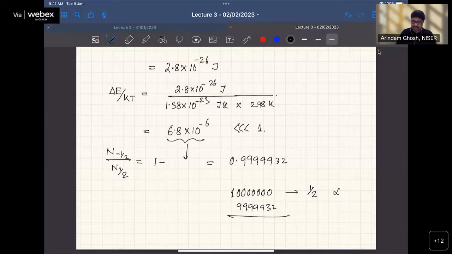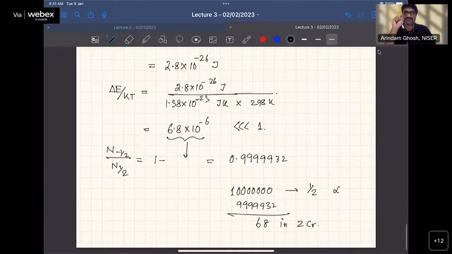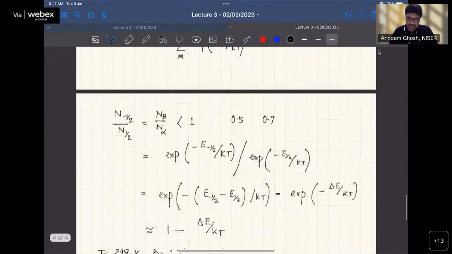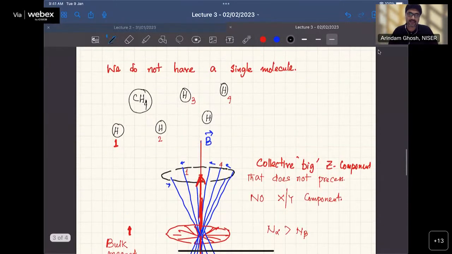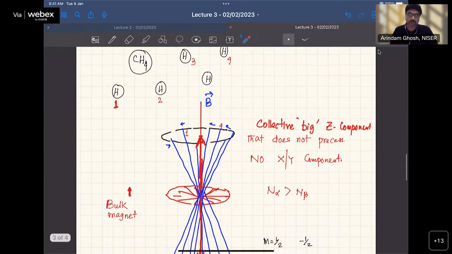The difference is going to be only 68 in 2 crores. So if you have 2 crore molecules in your sample, a nice, beautiful sample, you have only 68 molecules which are different between alpha and beta. Effectively, the NMR signal is coming from 68 molecules only.